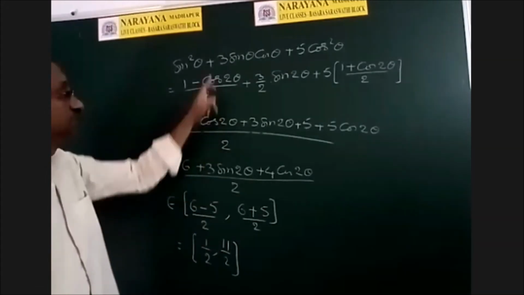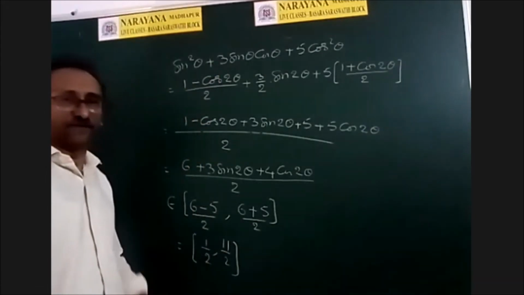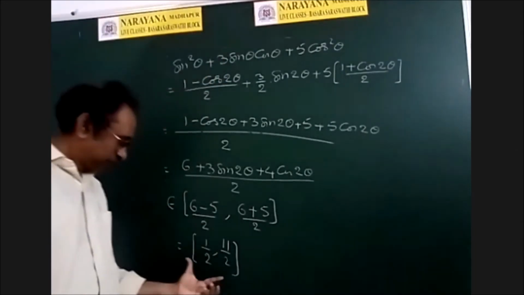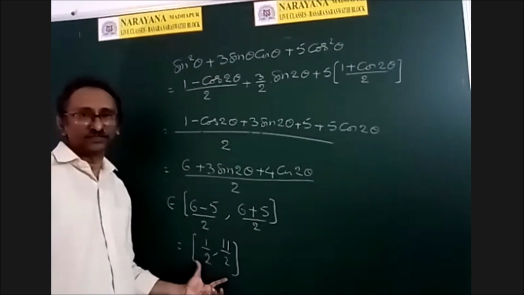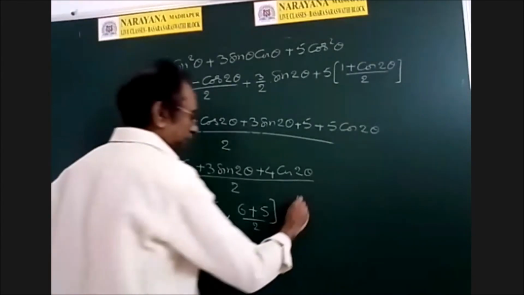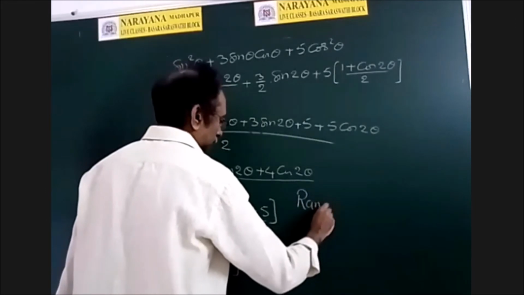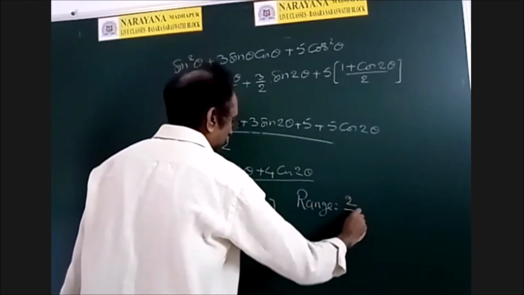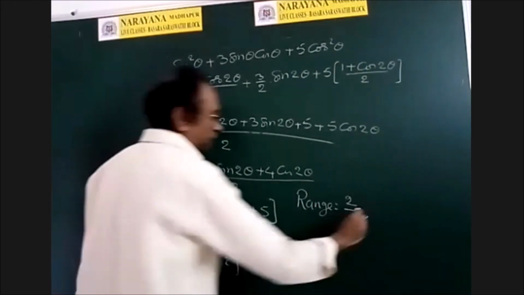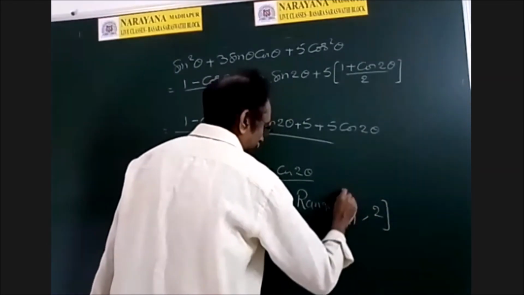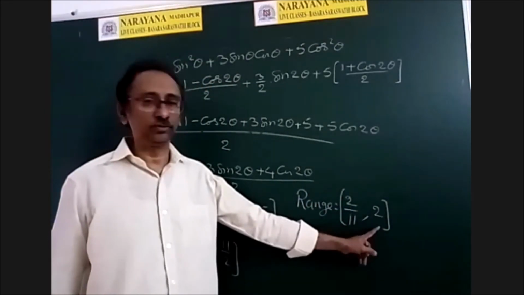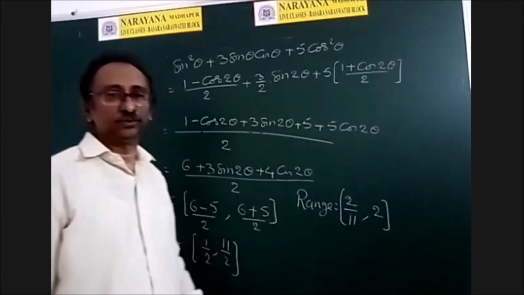So the range of this function is 1 by 2 to 11 by 2. Then what is the range of its reciprocal? The reciprocal of those two numbers. If you reverse this, the smallest will be 2 by 11 and the maximum value will be 2 by 1, that is 2. So the range of the given function is 2 by 11 comma 2. So the maximum value is 2.